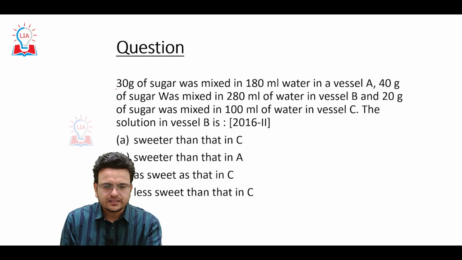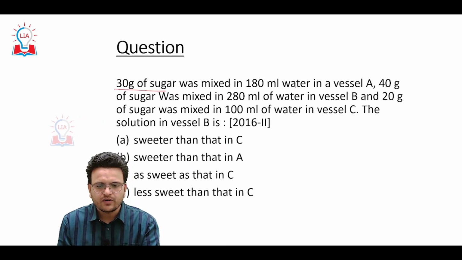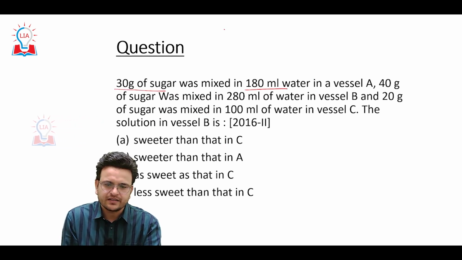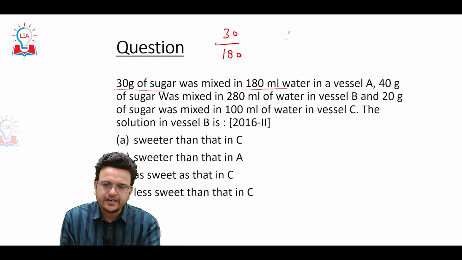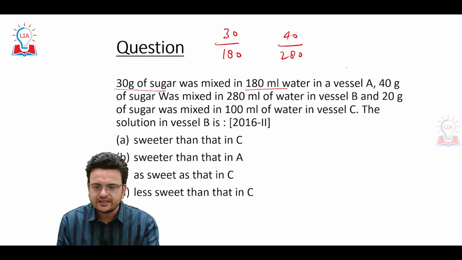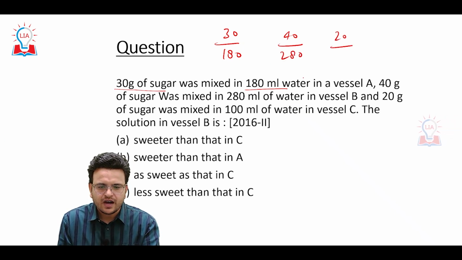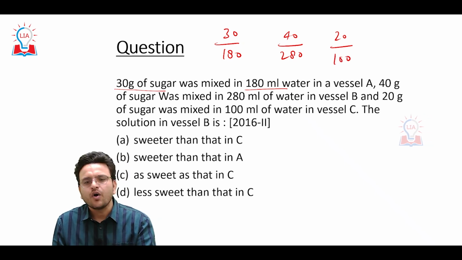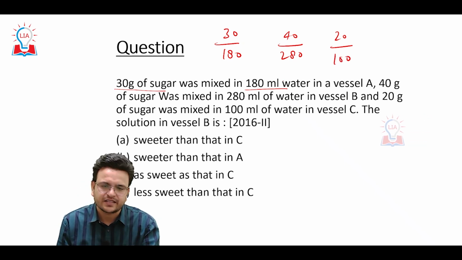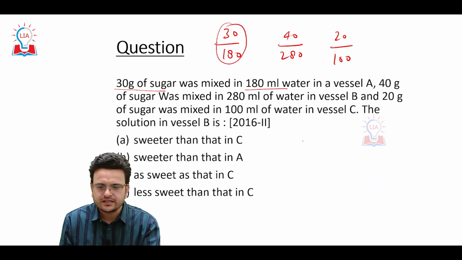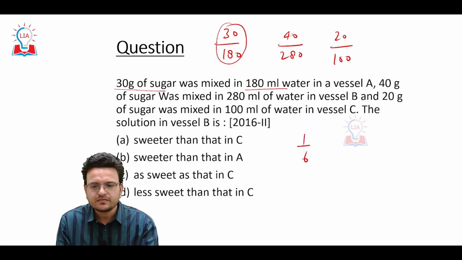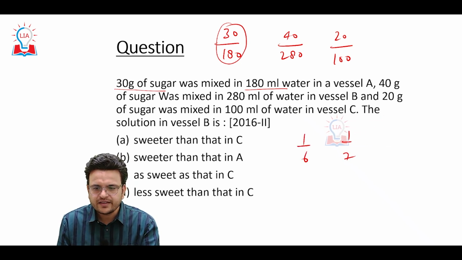One more question we can see. 30 gram sugar was mixed with 180 ml. 30 gram, 180 ml. 40 gram again, 280 ml. And then 20 gram again, 100 ml. The only thing is here you have to get a percentage, or you can see it is 1 upon 6, that is 1 upon 7, and this is 1 upon 5.